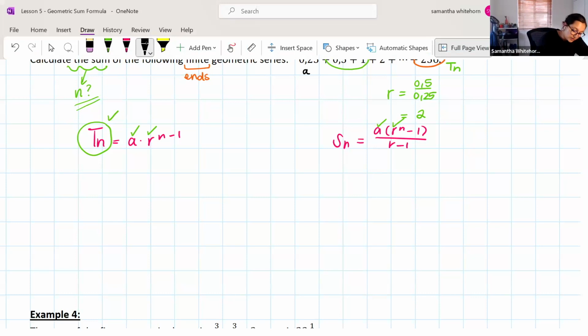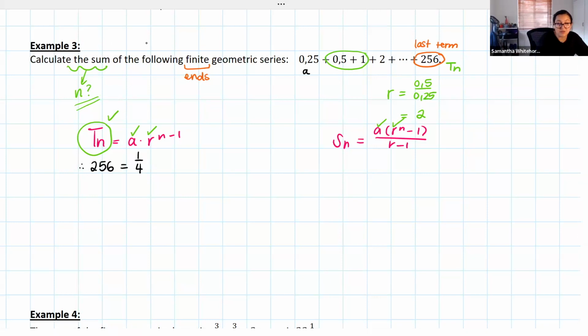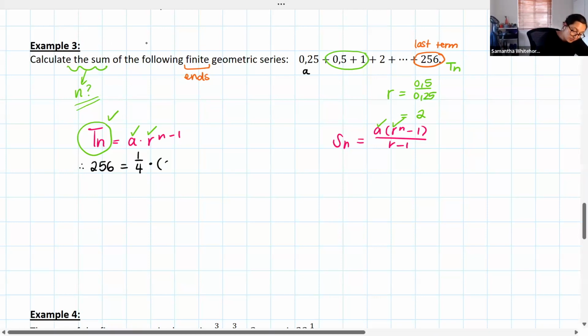So we're going to use this. 256 is equal to A, which is a quarter, or 0.25. Josh, I think that's where I had my bit of an oopsie. I just looked at the first term and I just wasn't thinking straight. So thank you for correcting me. My R term is 2. I'm going to use my brackets, exactly as Kirsten told us to do. Use your brackets. n minus 1 in my exponent.